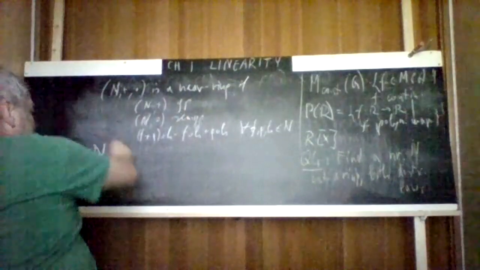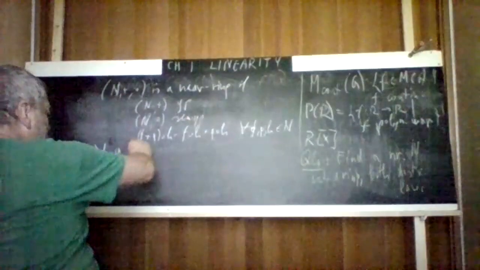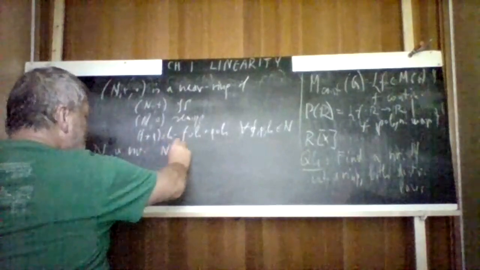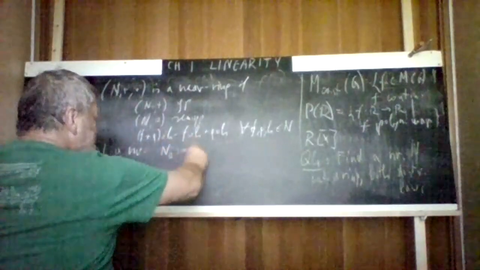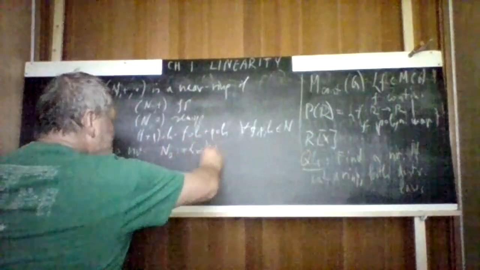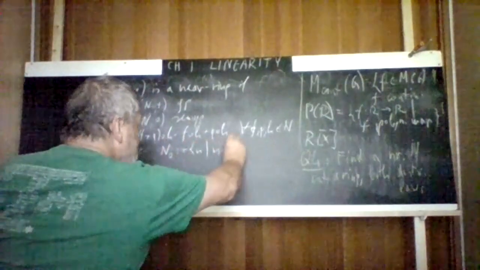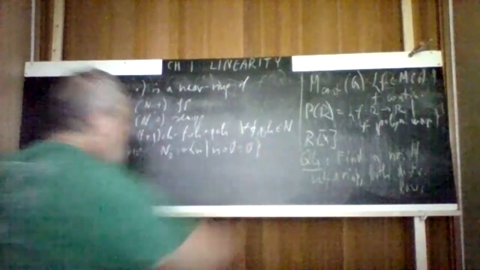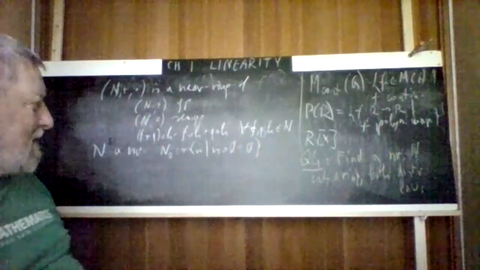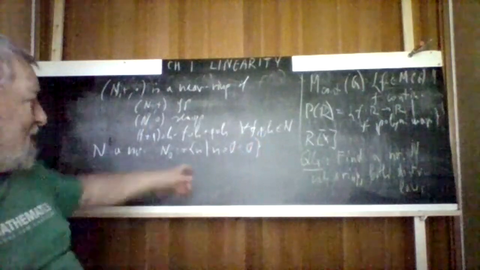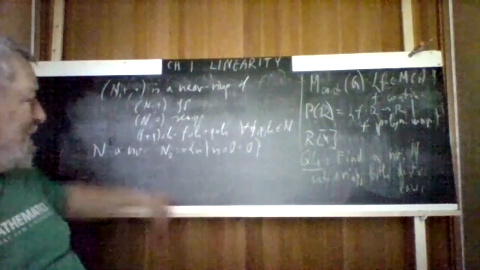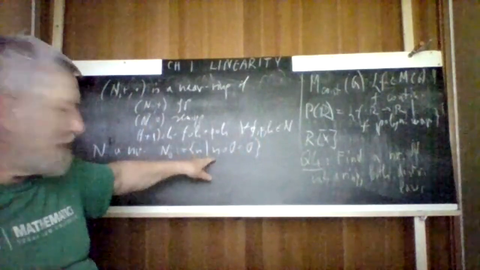So if N is a nearring, we might take N sub 0, and this is defined as all elements n of N such that n composed with 0 is 0. Now you have seen this before in the example which I just erased, I'm sorry, of M naught of G, all functions which map 0 into 0.